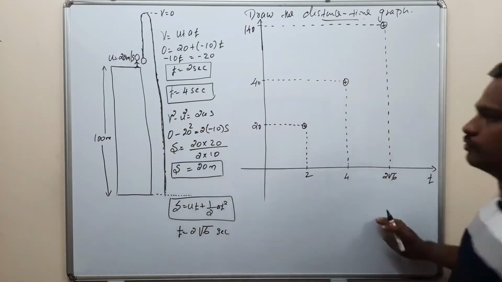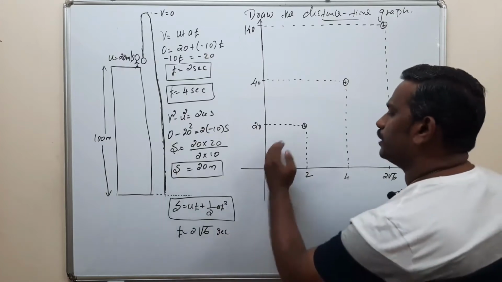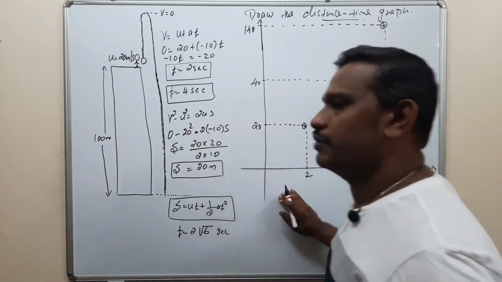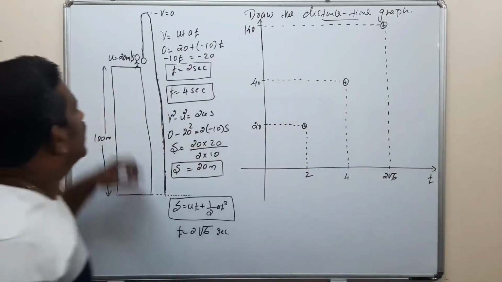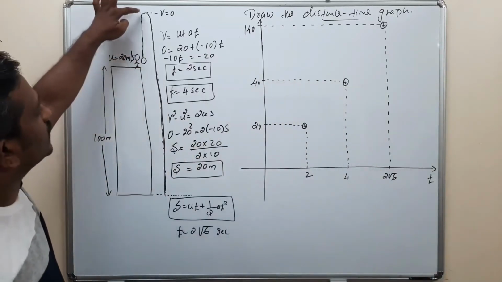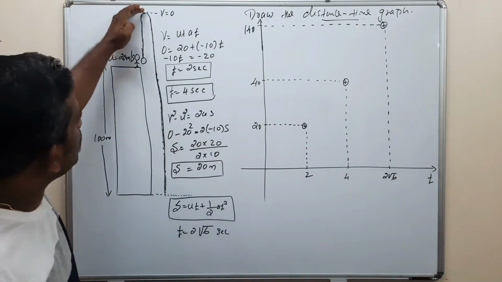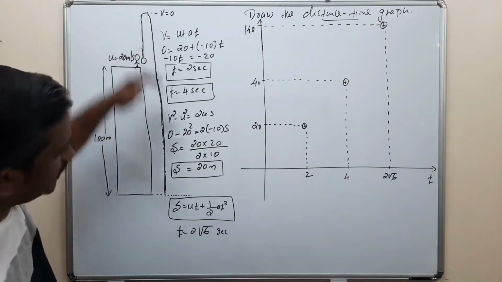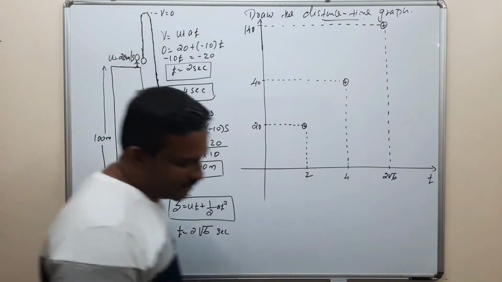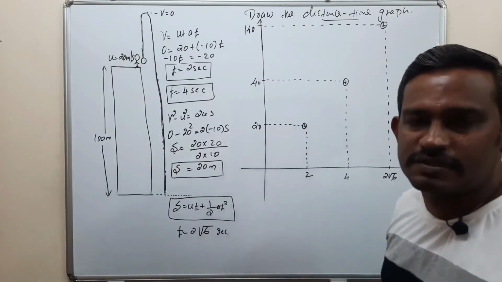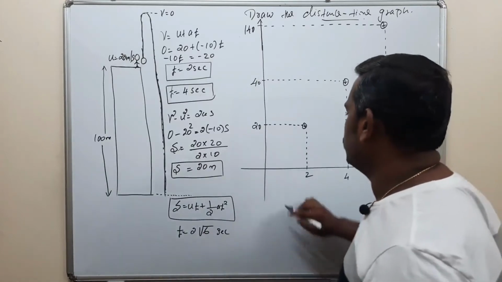Up to time 2 seconds, the speed decreases. So when you consider the motion of the ball from this point to this point, up to 2 seconds, the speed decreases, and after that the speed increases. The slope of the distance time graph gives the speed, so according to that we have to draw the graph.